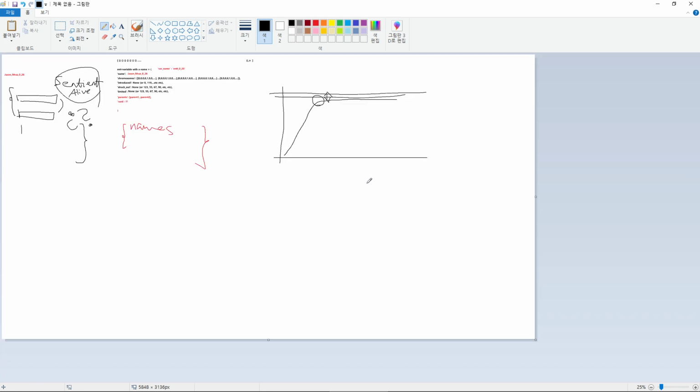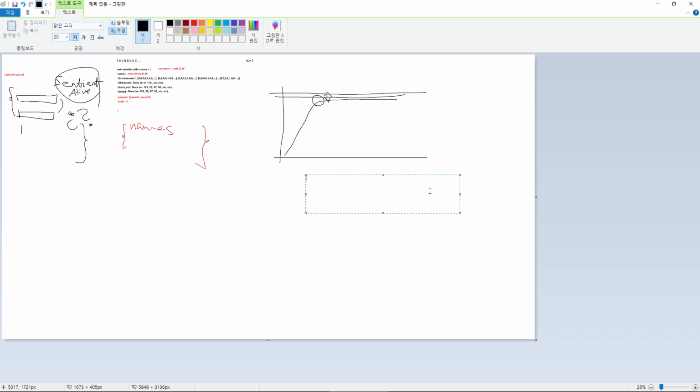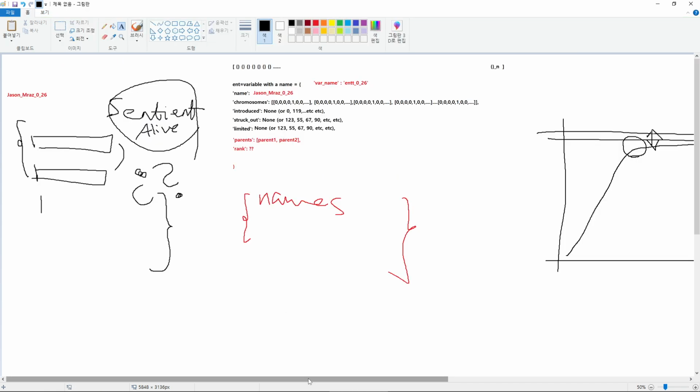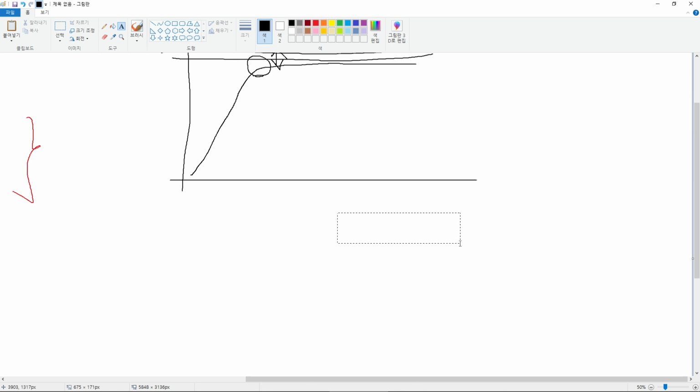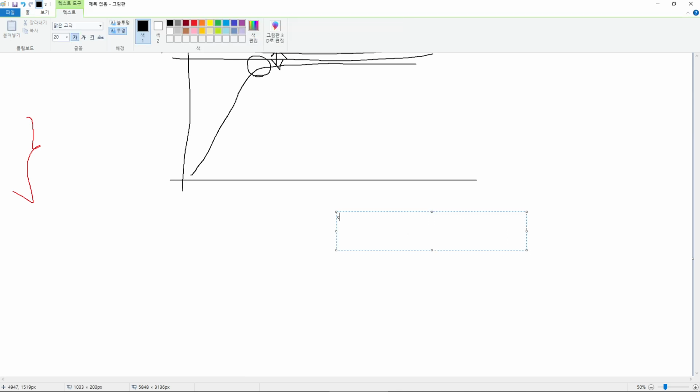But the way I see it, what I've been doing was very collective, as in I focused on the overall scores.